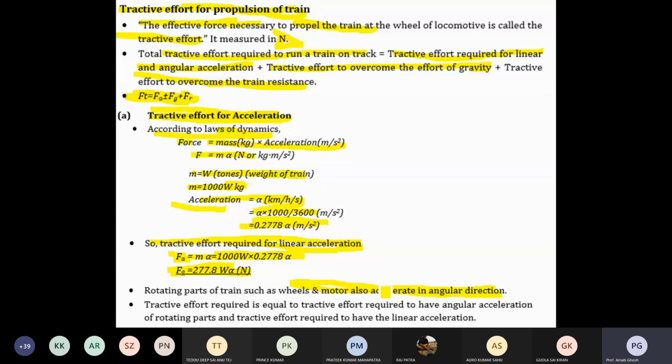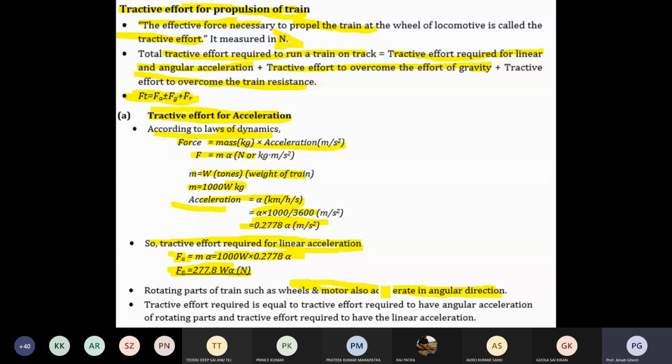If you change the flux of the motor, that change is also responsible for angular acceleration changes in the shaft and the wheel, the pinion gear wheel and bearing. That is why it is written that the rotating parts of the train, such as the wheel and motor, are also accelerating in the angular direction.